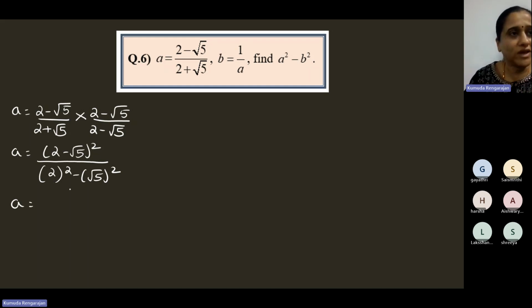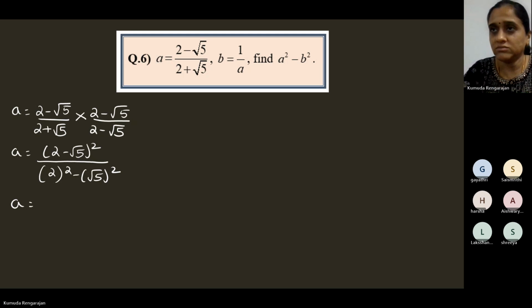Now the numerator you'll have to expand using the identity. A minus B the whole square is equal to, complete the identity. Who can tell me?